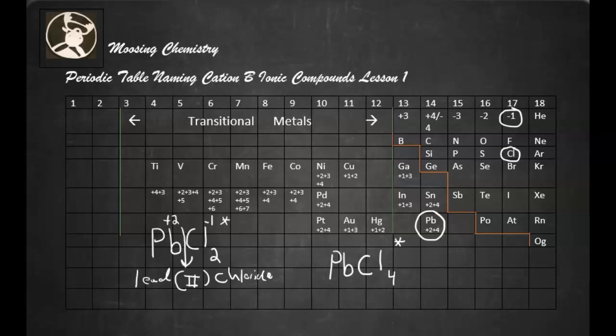Chlorine again has a -1 charge because it's in group 17. Same elements, guys. So 4 times -1 is -4. So the anion determines the cation, which we're going to do 4 right here. The cation determines the stock number. So we're going to call this IV. And we're going to make this lead(IV) chloride.